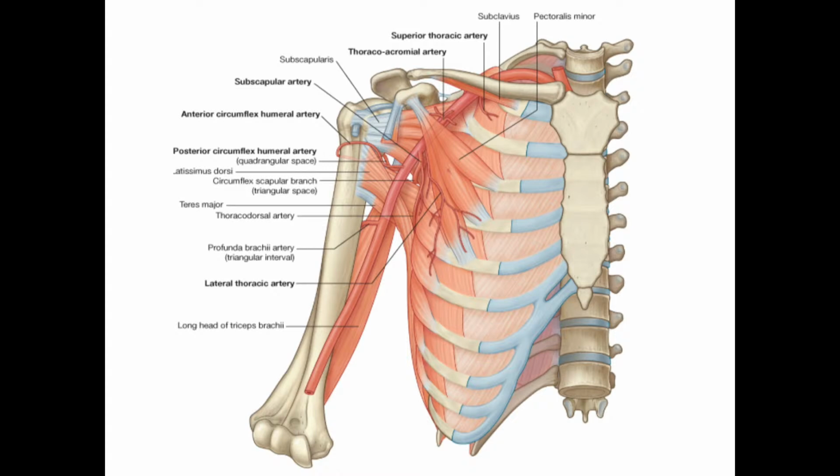Even the name implies it is circumflex, it is round, right? Roundness means circumflex, around something. And another one is the thoracodorsal artery, and it is located here, more on the anterior surface, and it goes onto the posterior surface, right?